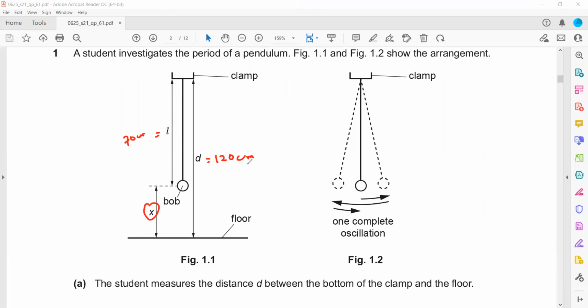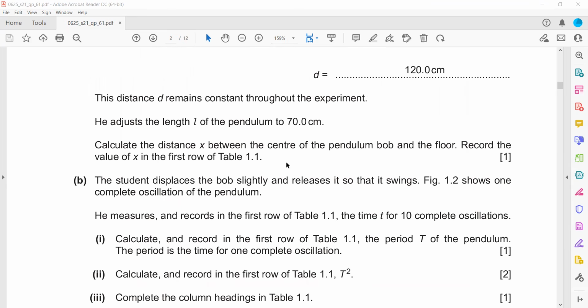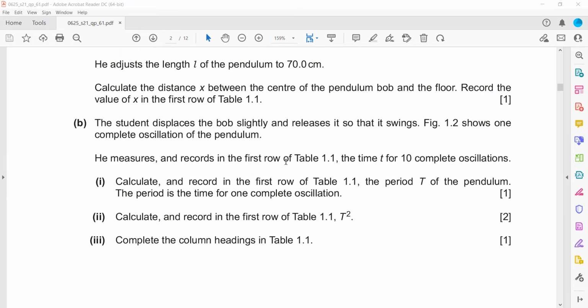If the total length is 120 and the length L is 70, how much is this length? That's right. So it is equal to 50 centimeter. In the question, we have to complete that value for x in table 1.1.